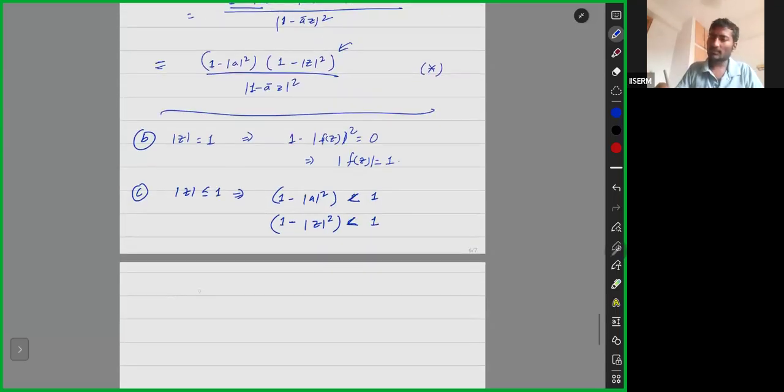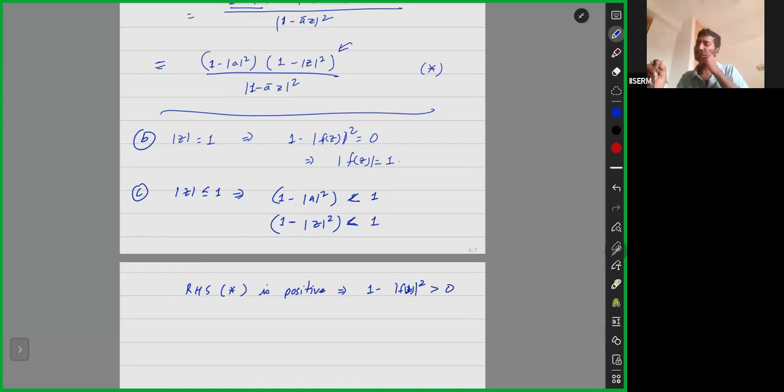So the RHS of star is positive. This implies 1 minus mod f(z) whole square is bigger than or equal to 0. When Z is strict, this is strictly bigger than 0.